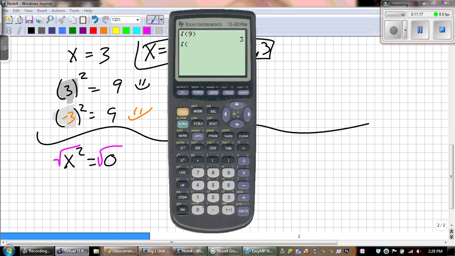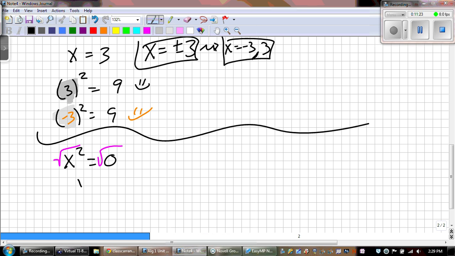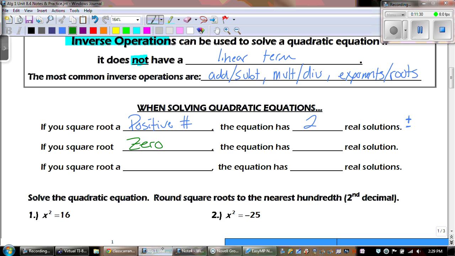The square root of 0 is 0. Is there a negative 0 to multiply itself by to get to 0? No, guys. If you're taking the square root of 0, it only has one answer, and that answer is 0. Okay? Because it doesn't have an opposite.